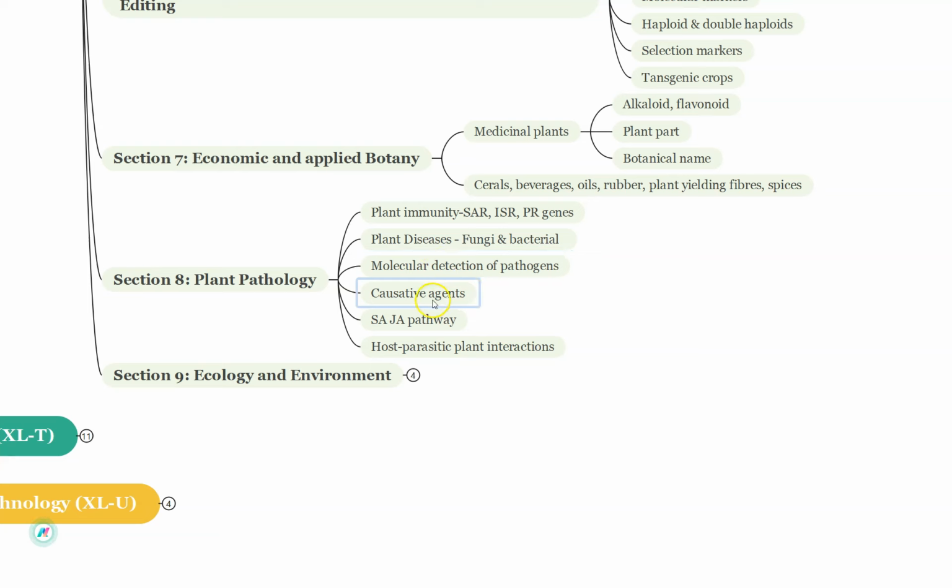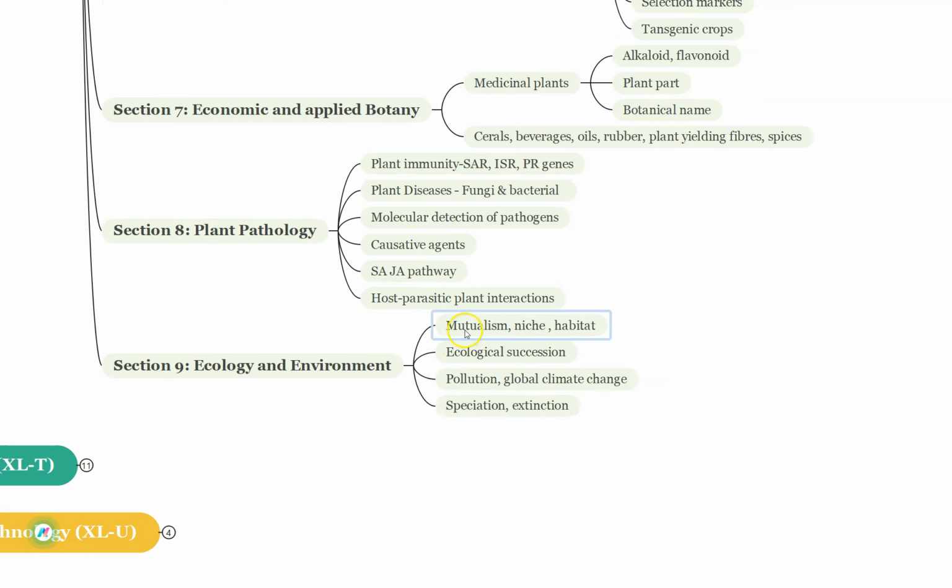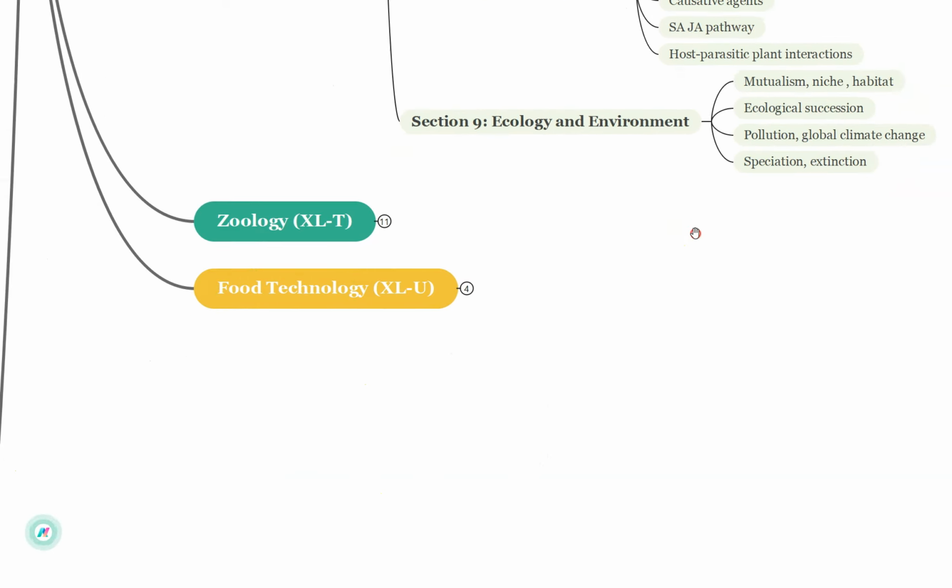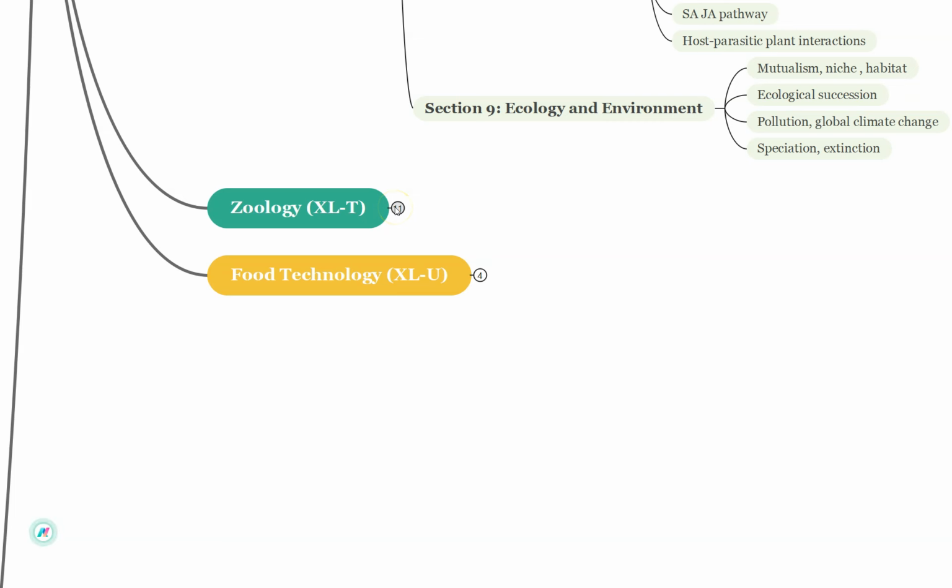Molecular detection of pathogens, the different causative agents, and also the salicylic acid and jasmonic acid pathways, host parasitic plant interactions. From the last unit, mutualism, niche, habitat, ecological succession, pollution, global climate change, and speciation and extinction have some amount of questions. Let's move to our next subject, which is zoology.